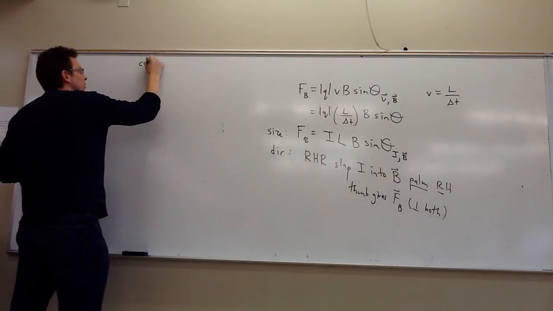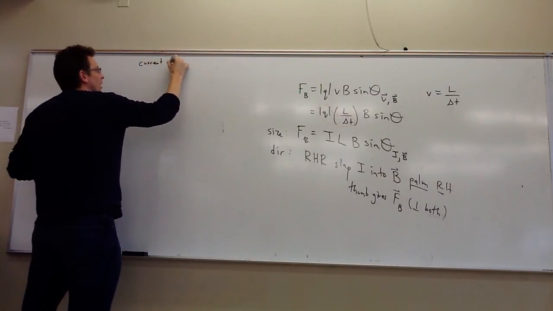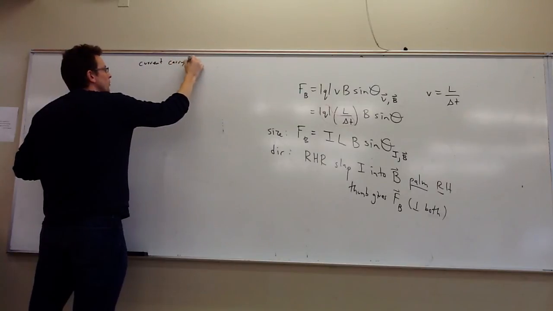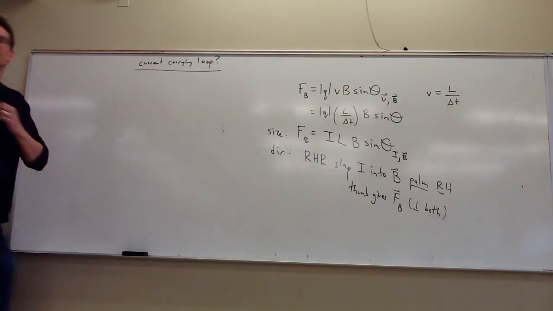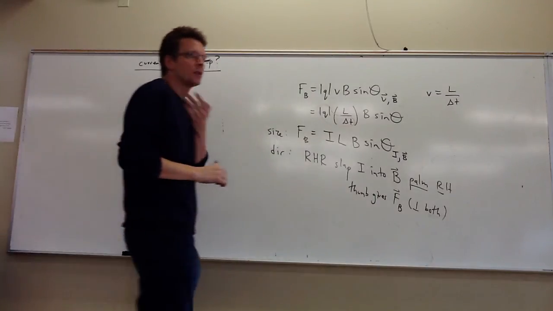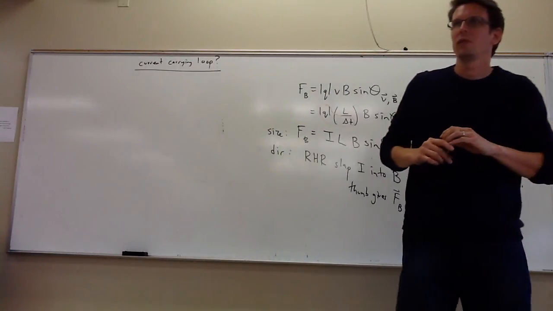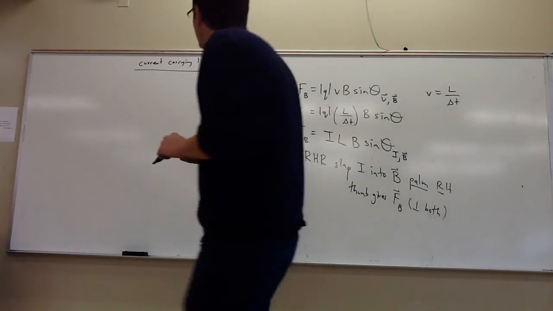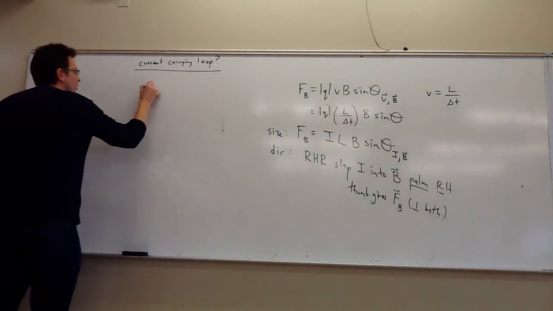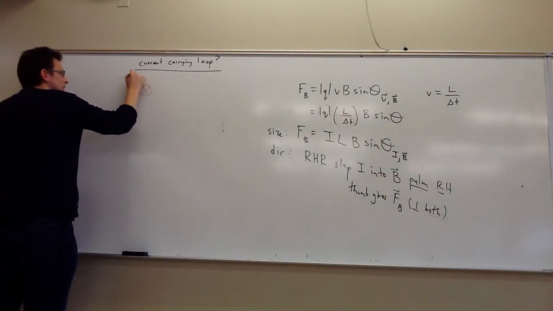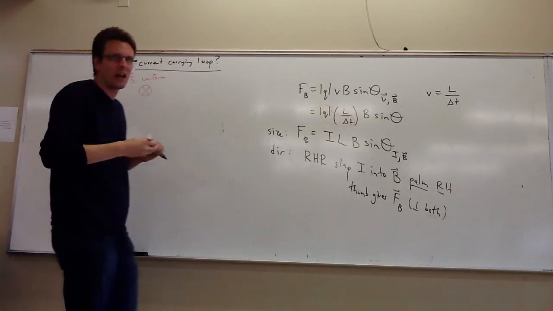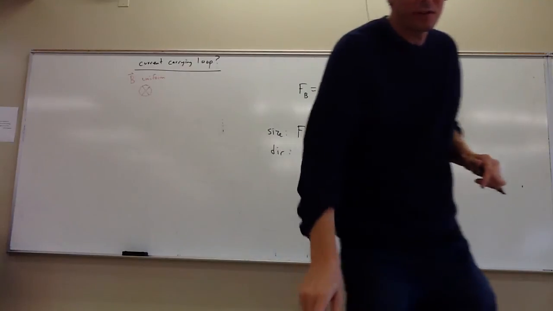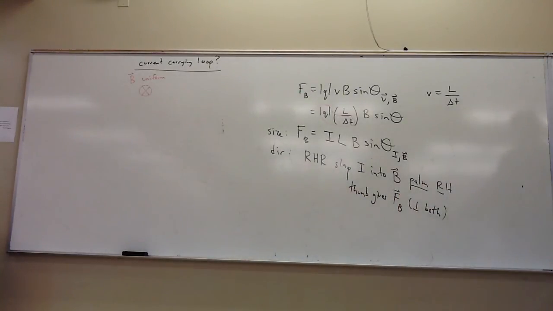So what about a current carrying loop? Now let's assemble something like that. I'll go ahead and put the magnetic field as being into the page. Let me just say it's uniform so I don't have to draw those everywhere, which just gets annoying and clutters up the diagram.